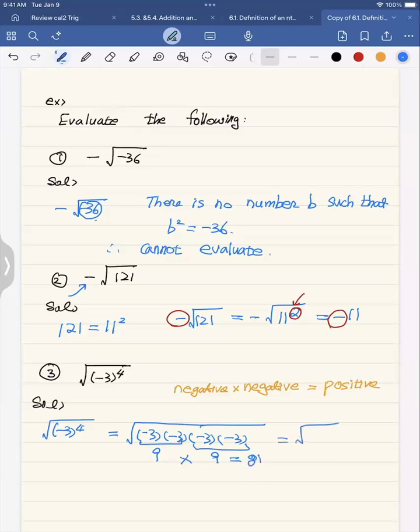So that's square root of 81. That's square root of 9 squared, which is 9. So the important point here is even if we wrote -3 to the fourth power, the final number is 9. Indeed, -3 to the fourth power is a positive number.